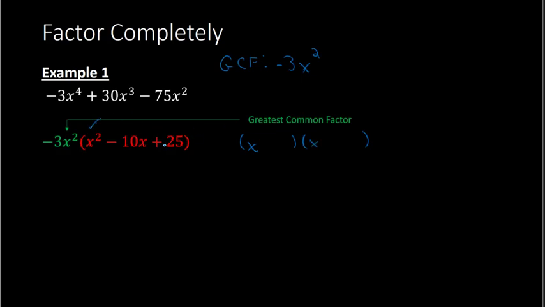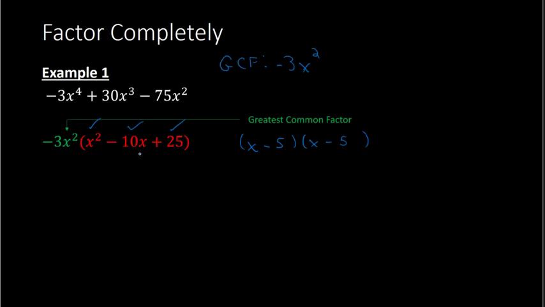And then the 25, we have to figure out what multiplies together to get 25 and would add to get negative 10. Well, I would find that 5 times 5 would be 25. If I make them both negative, negative 5 times negative 5, those would multiply to get positive 25. And then negative 5 plus negative 5 would add to get the middle term of negative 10.